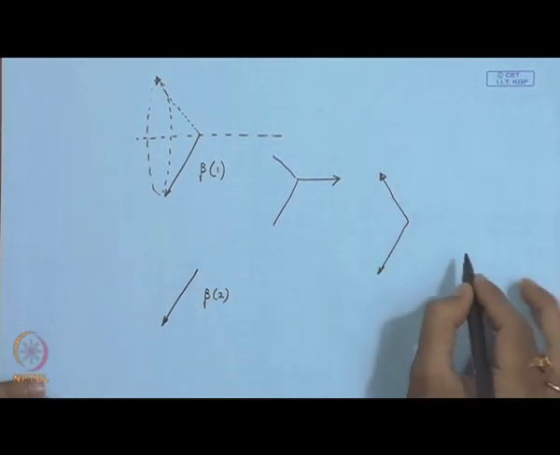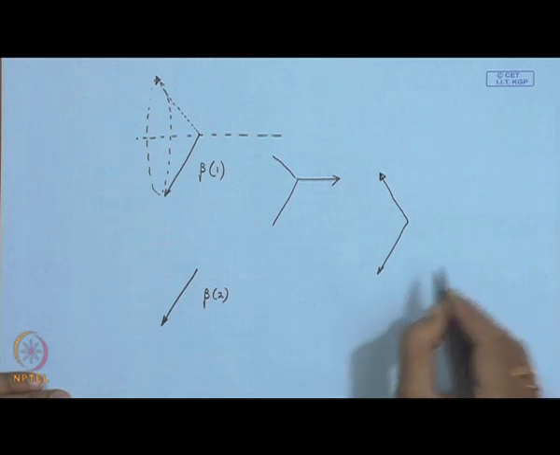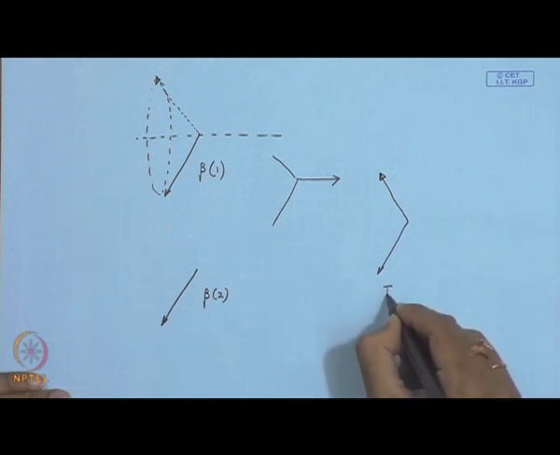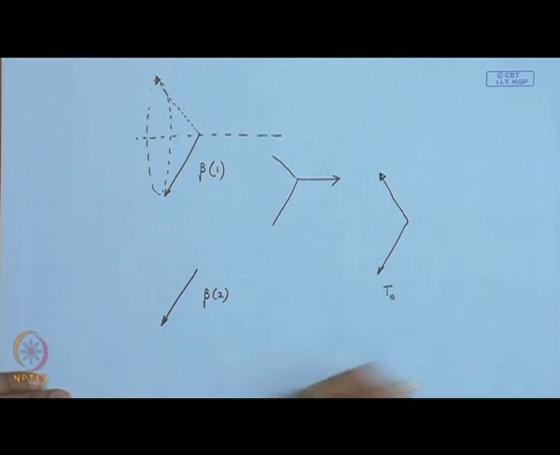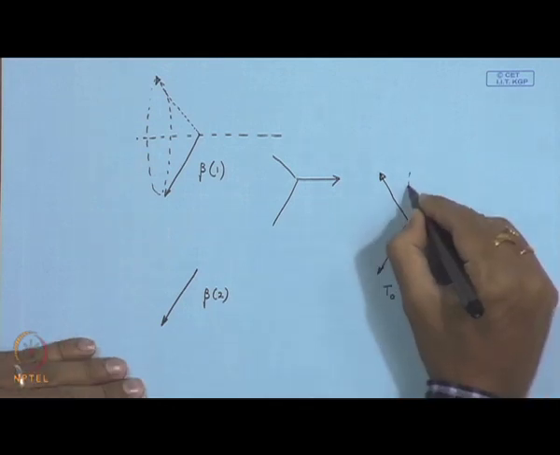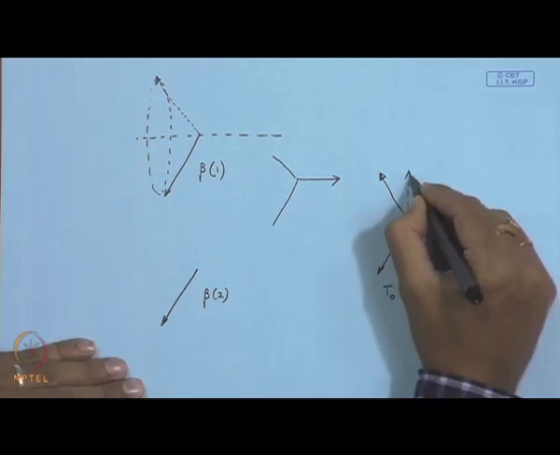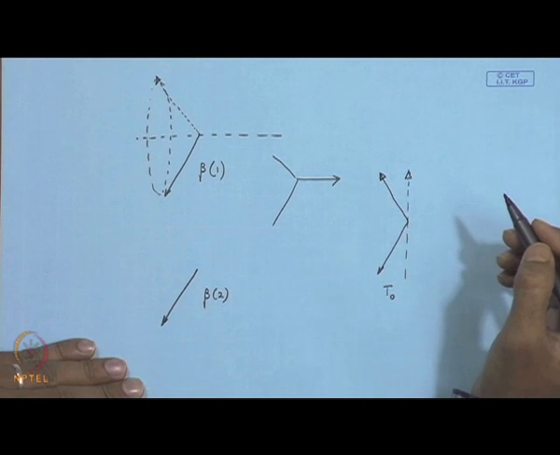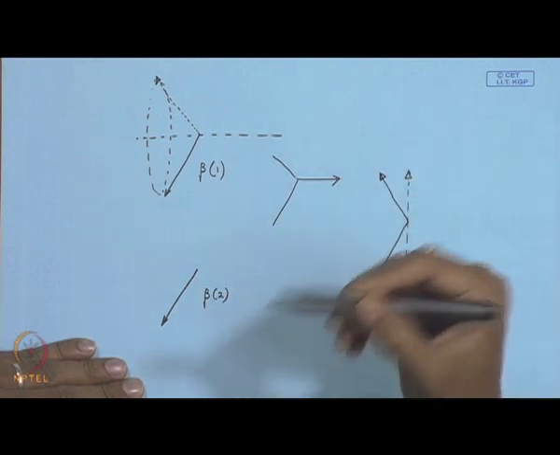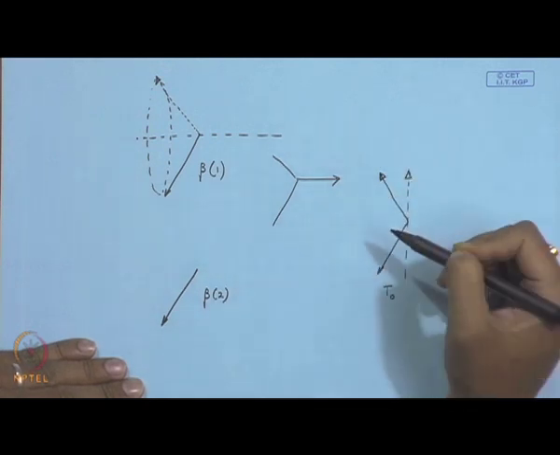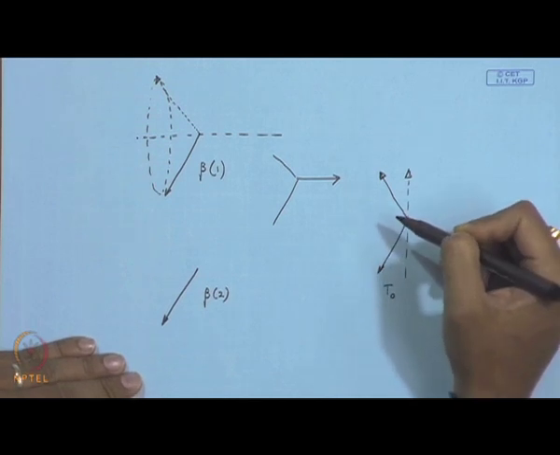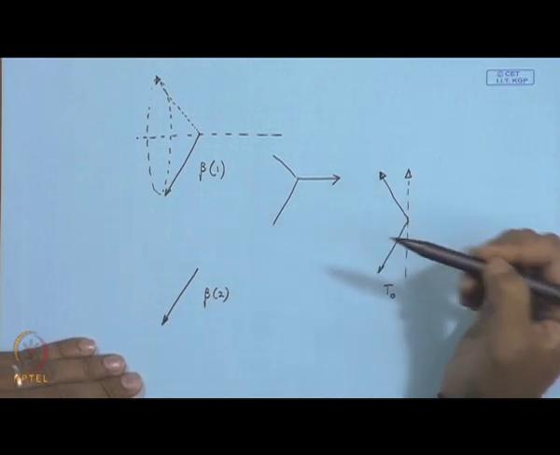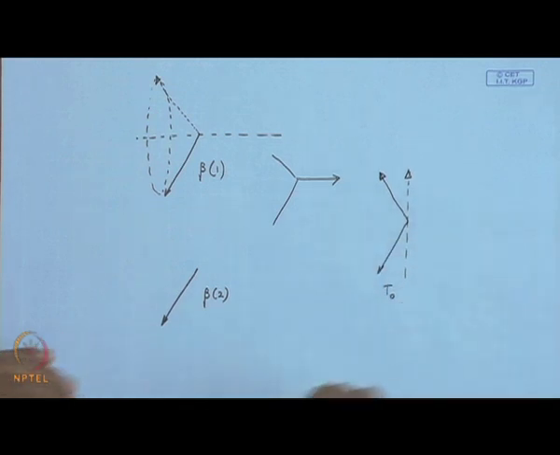This is nothing but your T0. Okay. This is your external, I mean space fixed axis. So, that means because of this additional precession, you need to change the angular momentum. So, that is compensated by the additional field, compensated by the second field.